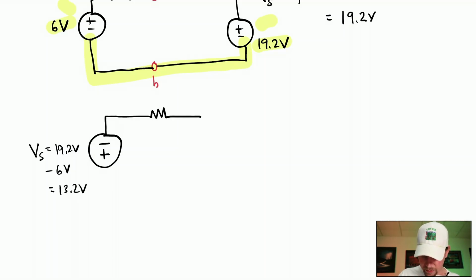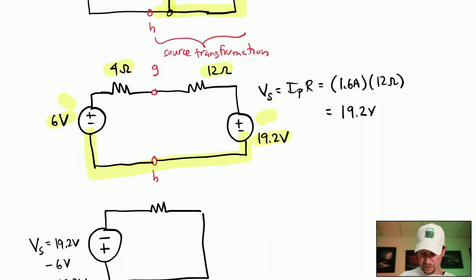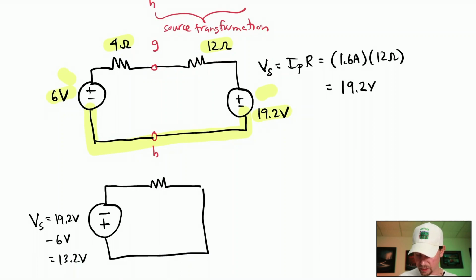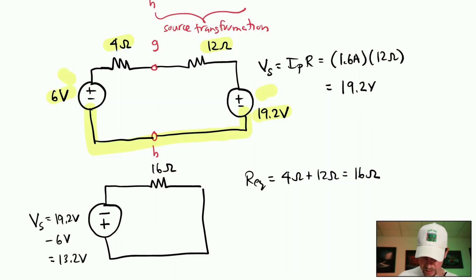And the equivalent resistance of the last resistor that's actually left here, well, it's the 4 ohm resistor plus the 12 ohm resistor in series. This is 16 ohms.